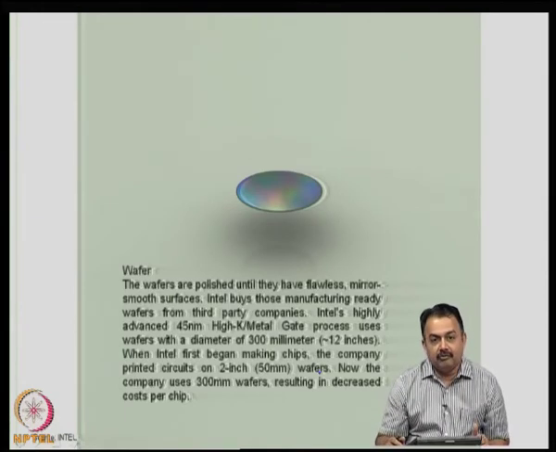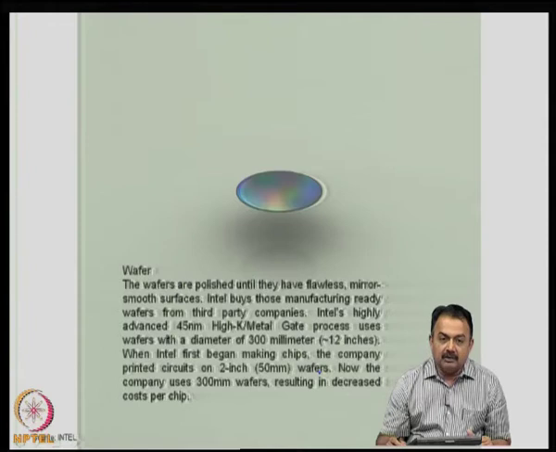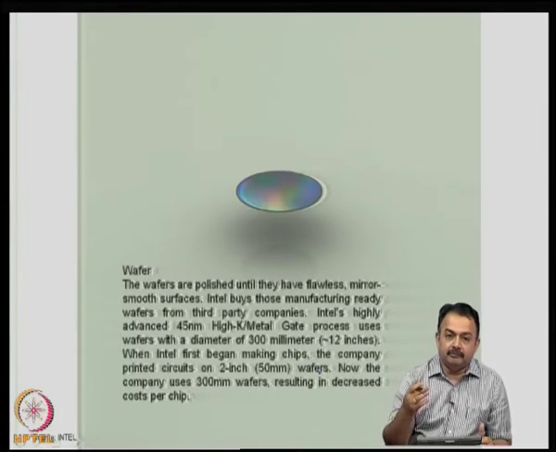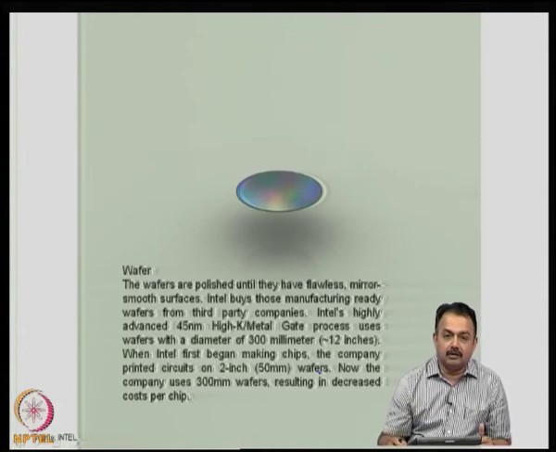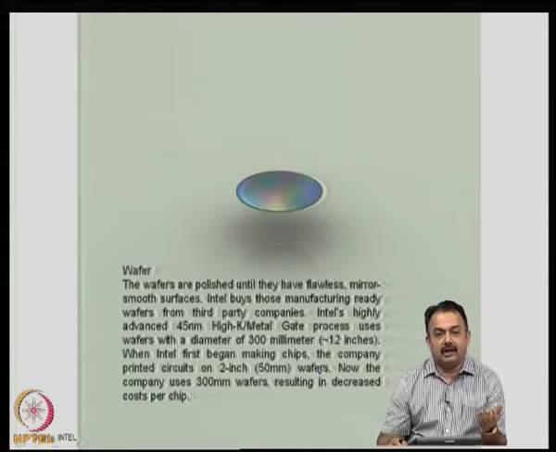As I mentioned before, these photographs have been given to us for this particular course by Intel. Now, as an example, companies like Intel, who are making the microchips or microprocessors, have the fabs. Sometimes instead of making the wafers by themselves, they can directly buy the wafers from third party companies.